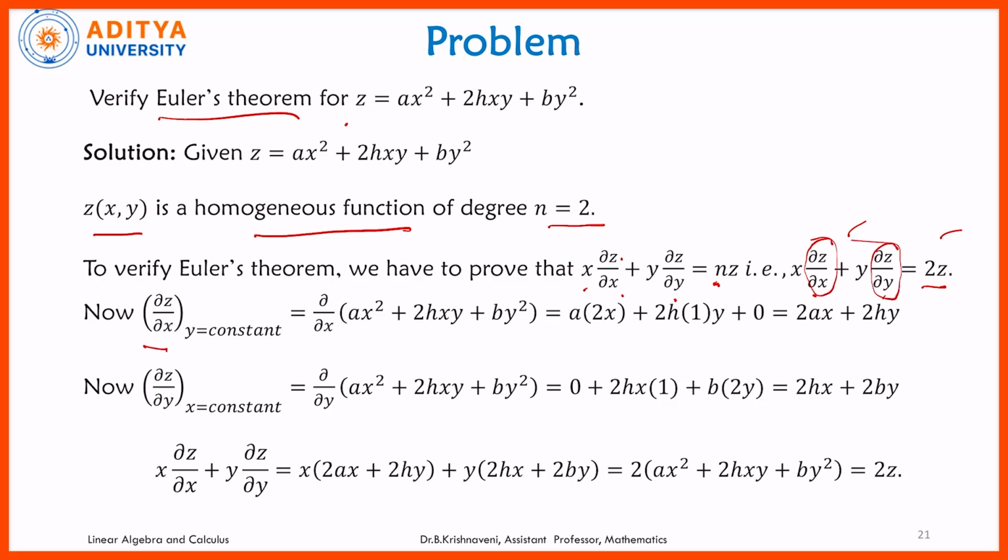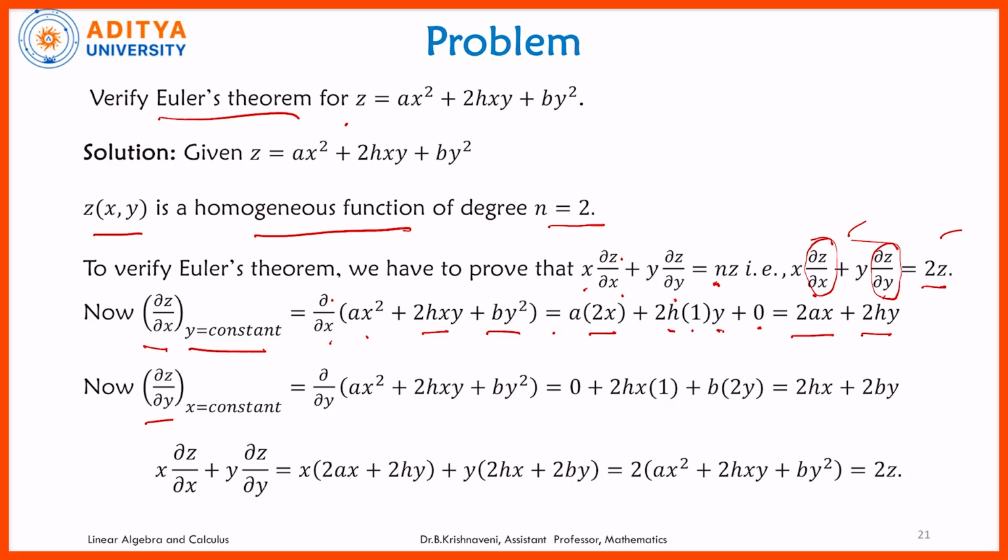First find ∂z/∂x keeping y constant, that is ∂/∂x of ax² plus 2hxy plus by², which is a into 2x plus 2h into 1 into y, since y is constant, plus by² is constant, derivative is 0, which is equal to 2ax plus 2hy.